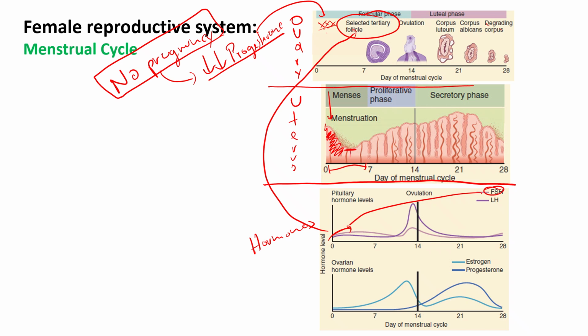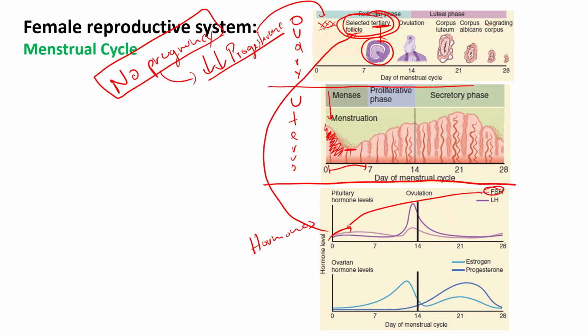At that time, in the ovaries, a secondary follicle is growing more and more, and eventually becomes a tertiary follicle. This tertiary follicle is very big and is able to produce hormones.